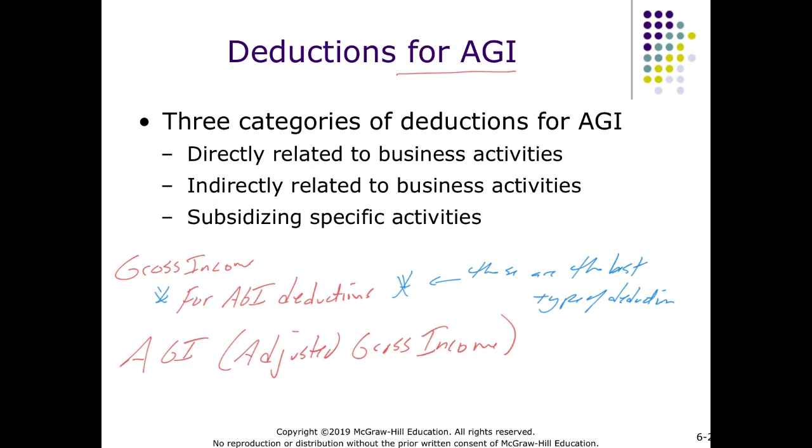Okay? We have 3 general categories of 4 AGI deductions. You have activities that are directly related to business. So if you're self-employed, your business expenses, this is what we're talking about. Okay, so if you run your own business, these are business expenses.